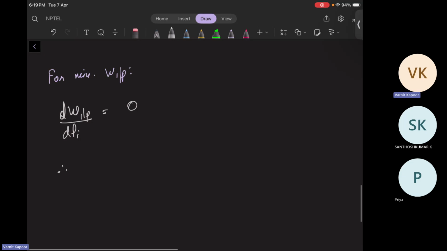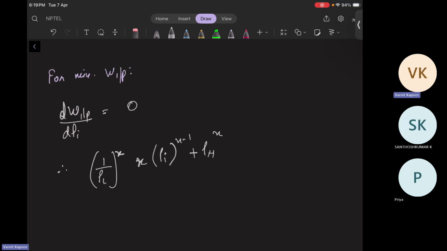Therefore, 1 by P lower power x into x times Pi power x minus 1 plus P higher power x minus x Pi power minus x minus 1 equal to 0.